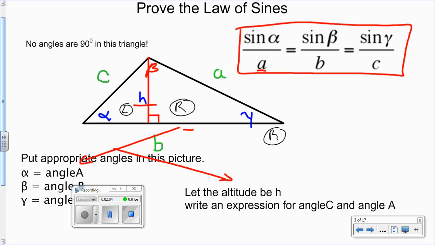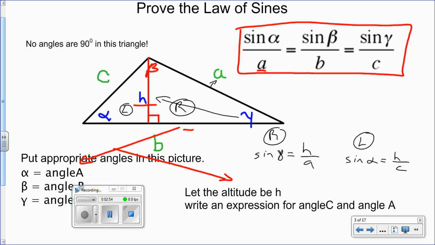For the right triangle, we have a side A here. So we can write that the sine of lambda is equal to the opposite, which is H, over the hypotenuse, which is A. For the left triangle, I'm going to do a similar thing, defining my altitude and my angle alpha, and the sine of alpha is equal to H over C. Notice that H is not the hypotenuse, it's the altitude.